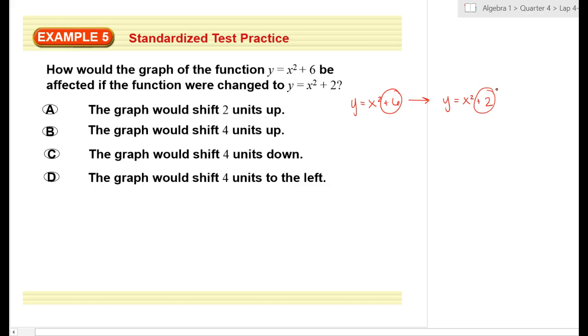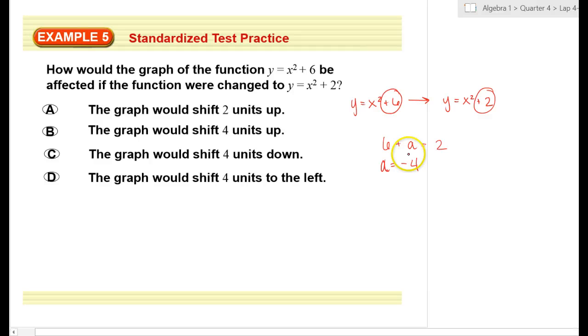Well, how did I get from 6 to 2? Well, the only way I get from 6 to 2, you can treat it as an equation if you would like, is that I subtract 4. And this 6 and this 2 represent whether it was shifted up or down.